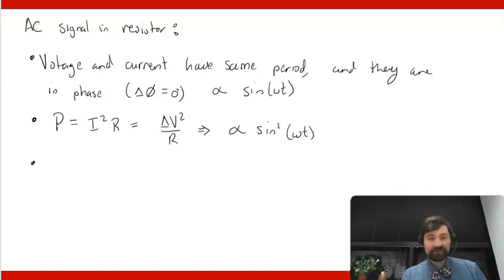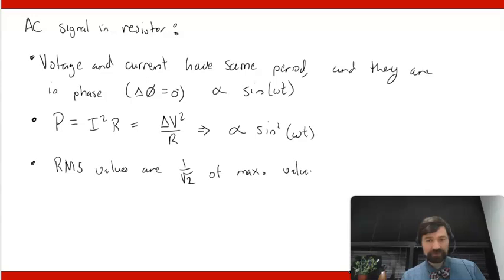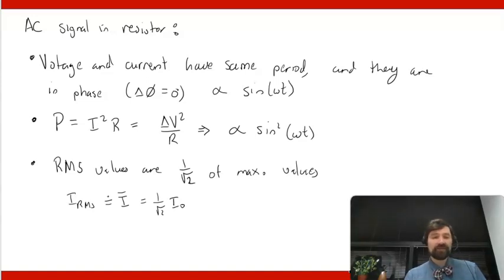And then last but not least, you have the average values. RMS values are 1 over root 2 of maximum values. So that is equivalent to saying I RMS, or in other words, I average, is 1 over square root 2 of the current max.